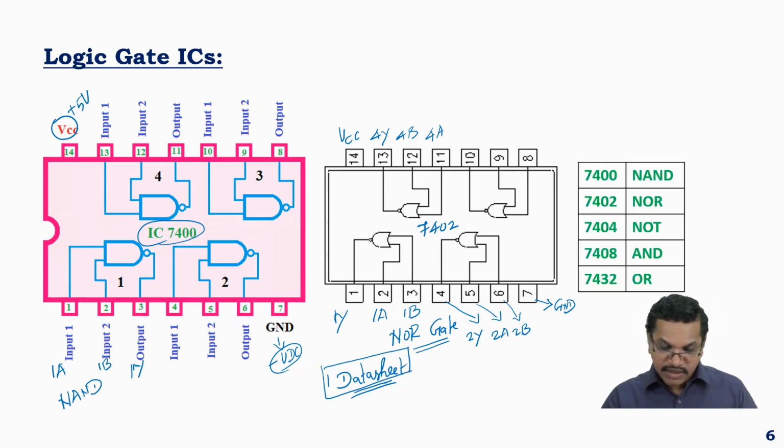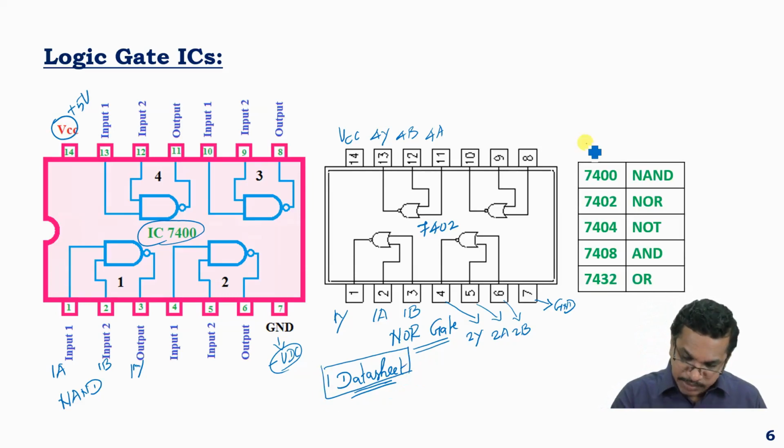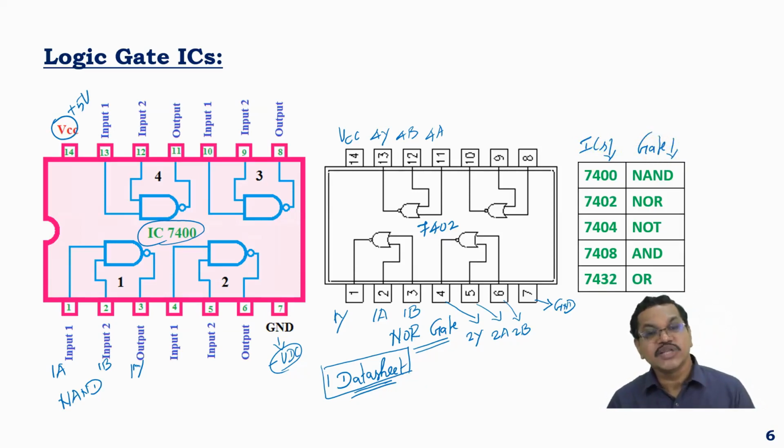So to summarize, the various gates that we have come across, the IC numbers are presented over here, first column, whereas the gate function is presented in the second column. 7400 corresponds to NAND gate.